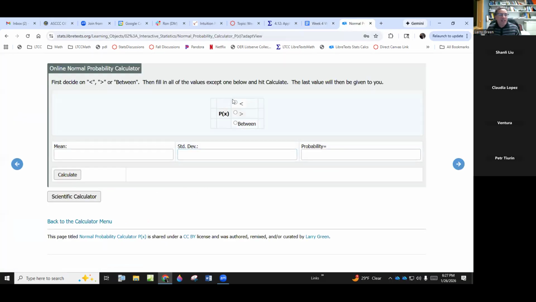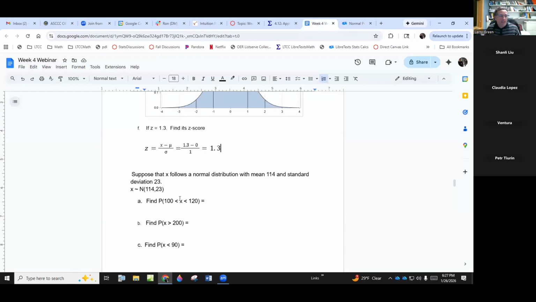So I click on the less than, the greater than, or between. Hopefully it's obvious which of the 3 we're working on, because you do have to know how to use this calculator. Greater than. Let's take a look at this. This is not just x is greater than a number. There's that 120 also.